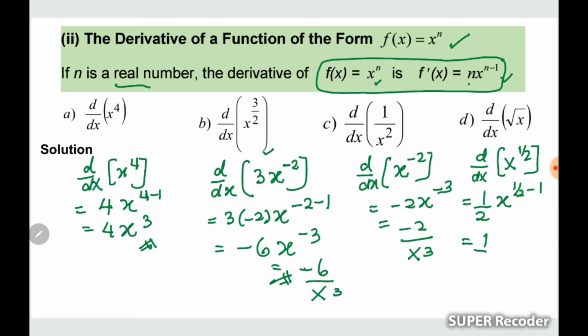So the answer is half times x to the power of negative 1 over 2. Then simplify to get 1 over 2, you have to bring x to be the denominator, so x to the power of half.